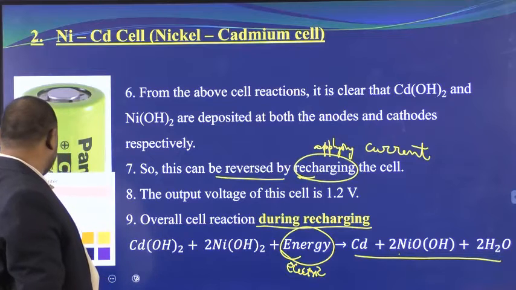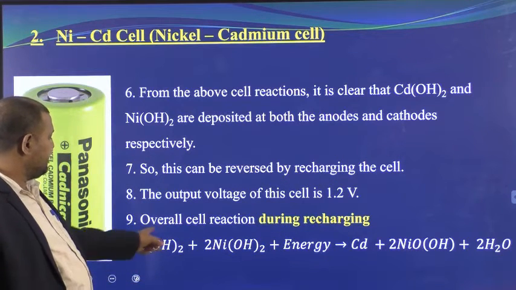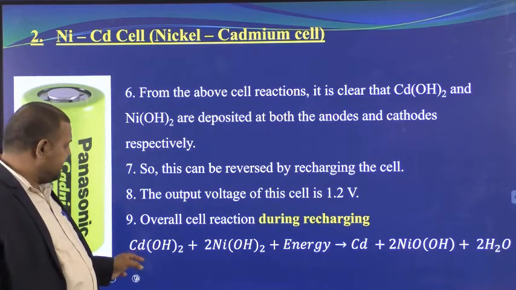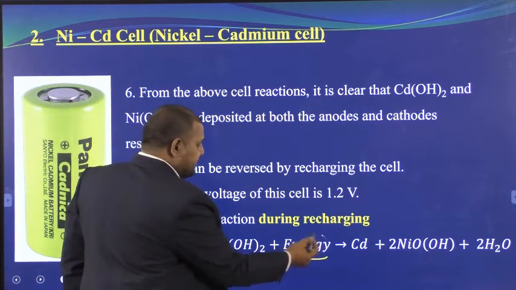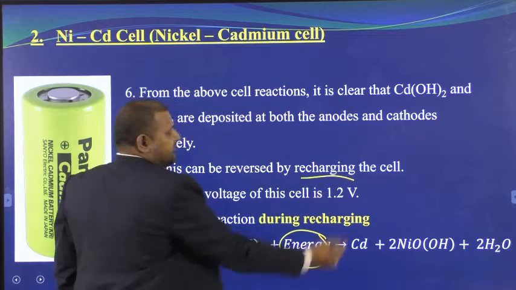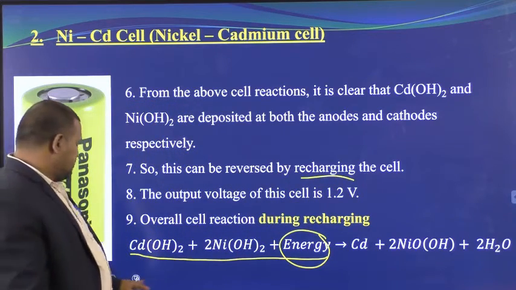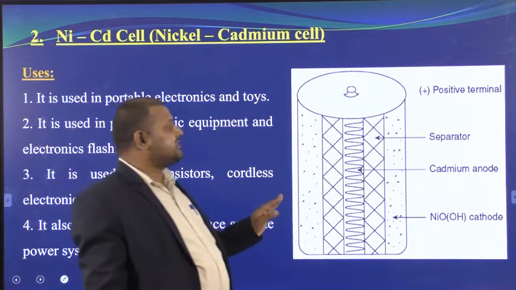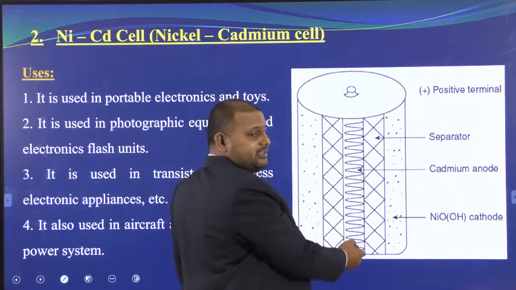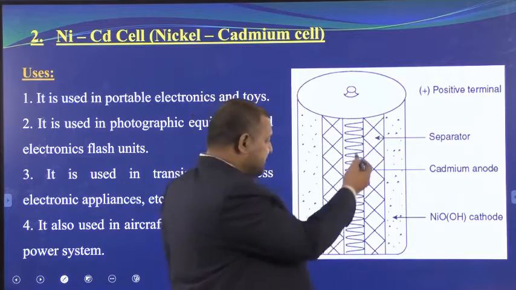Recharge it very clearly. You will recharge it and you will get the reaction here. This is the reaction. This energy is what? Recharging energy. This is a very important point you should remember. And now you can see here the same diagram I explained previously.